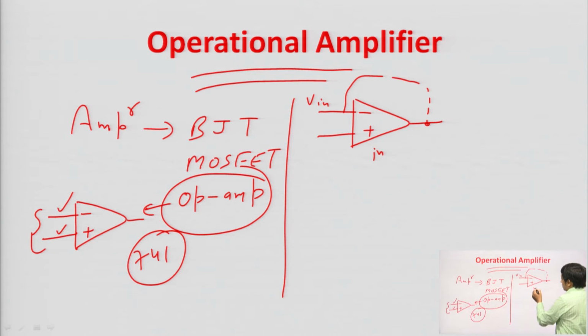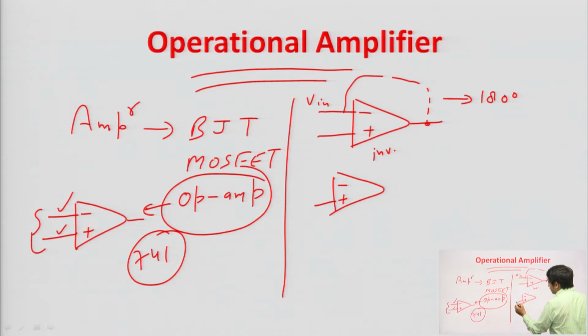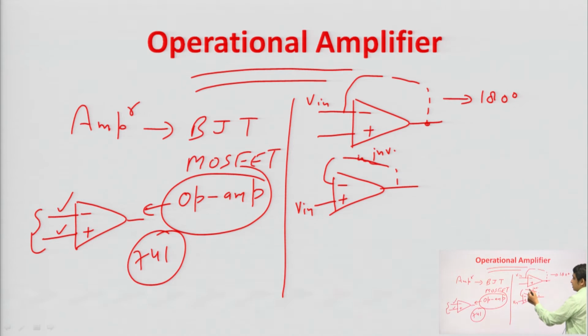This is your inverting amplifier. An inverting amplifier will give 180 degree phase shift, but if we apply the input signal at the non inverting terminal, then in this case again there is a negative feedback, and it is connected through a resistor here.